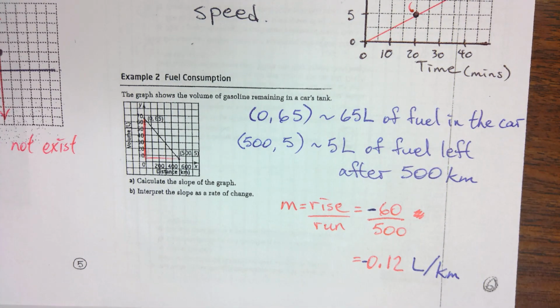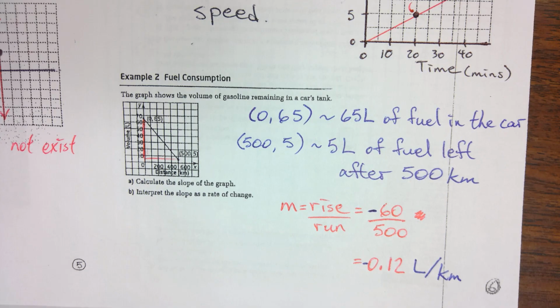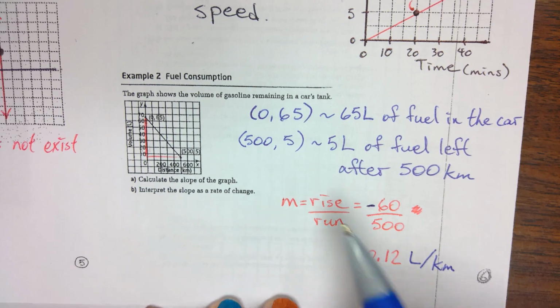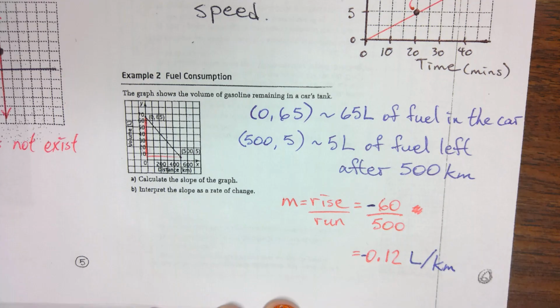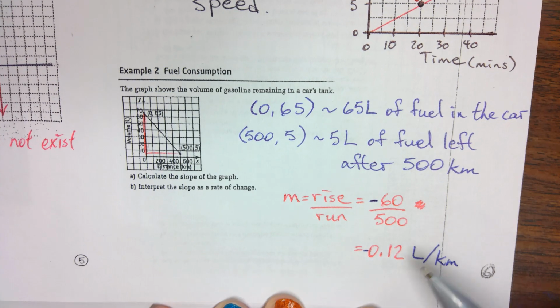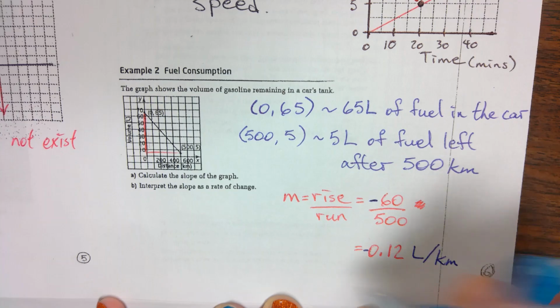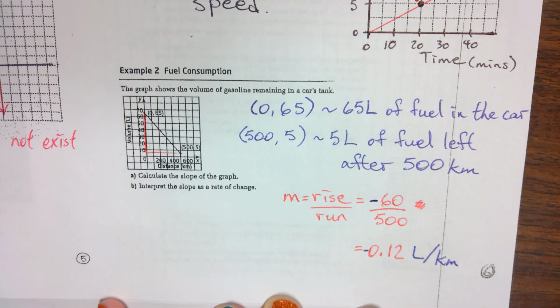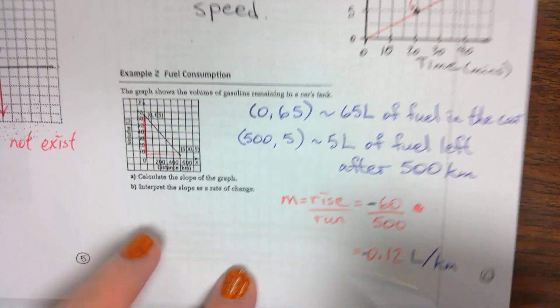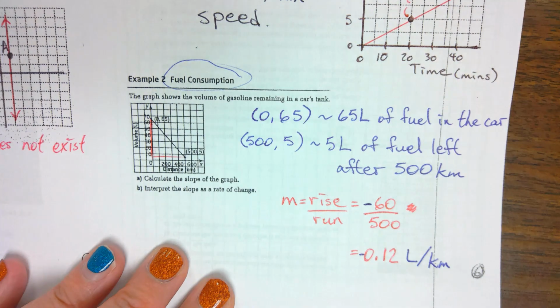Chapter 1, unit rates. So your rate of change is just another form of a unit rate. So for every kilometer, it uses 0.12 liters. So this graph represents the gas consumption. And that's why it's even titled that.